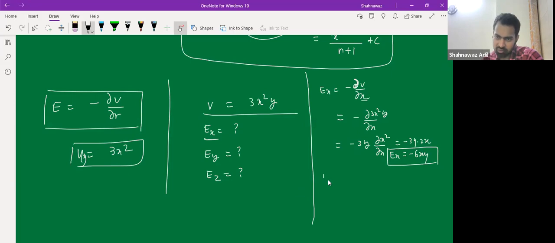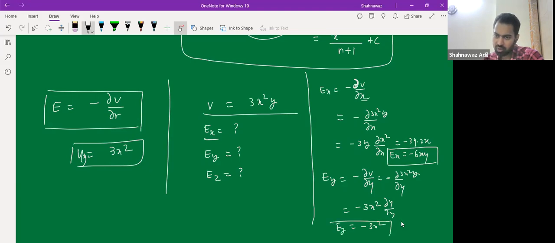And what about Ey? Ey would be minus of dV by dy, which is minus d by dy of 3x square y. The variable is y, so only y remains and all the rest are taken outside. So minus 3x square dy by dy, which is 1. So this would be minus 3x square simply.